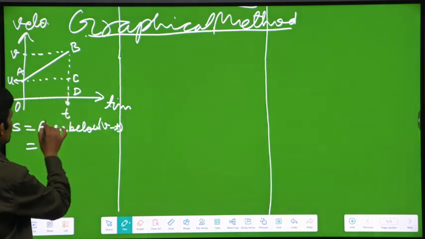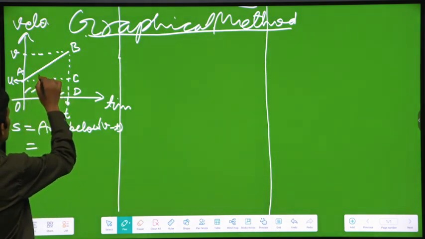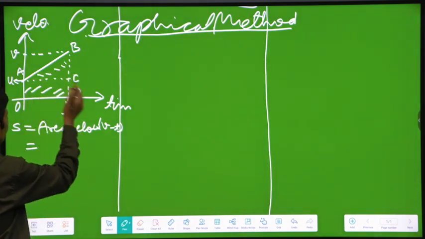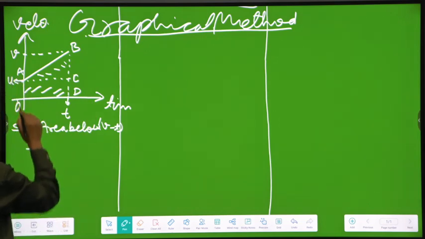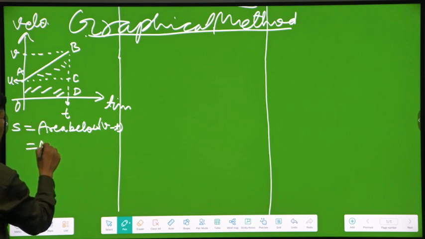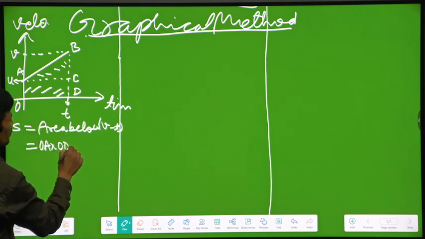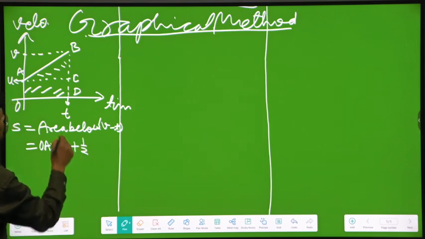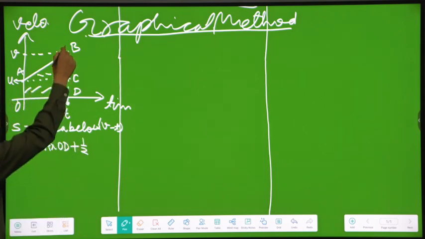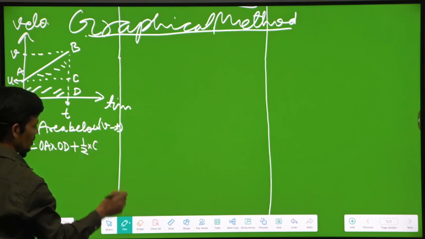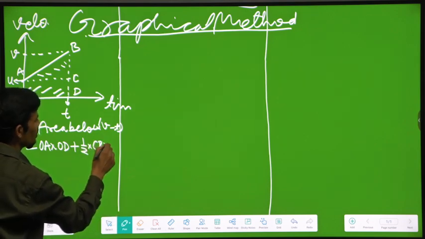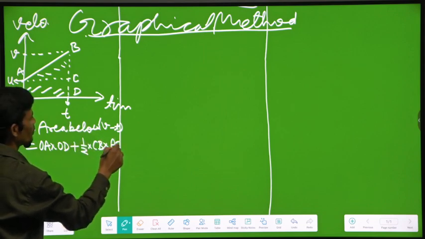Okay, now there is a rectangle and a triangle. So the area of this rectangle, length into breadth, I am going for breadth into length. So breadth is OA into length OD, plus half into base into height. So I am considering it as height CB, no problem, into base AC.